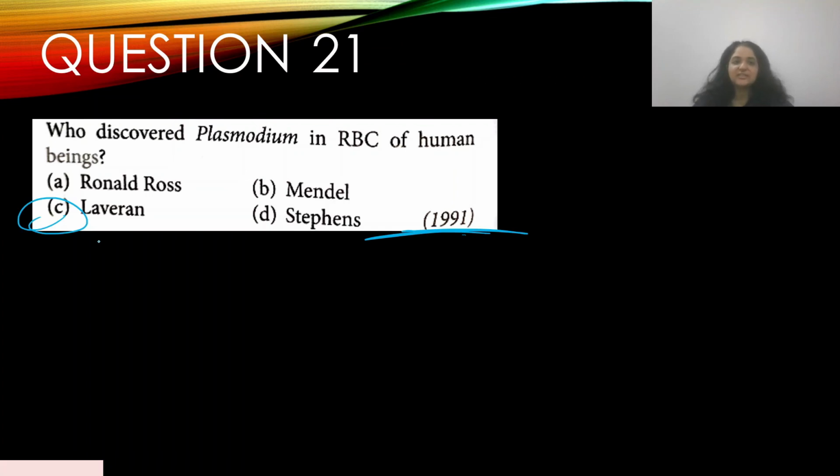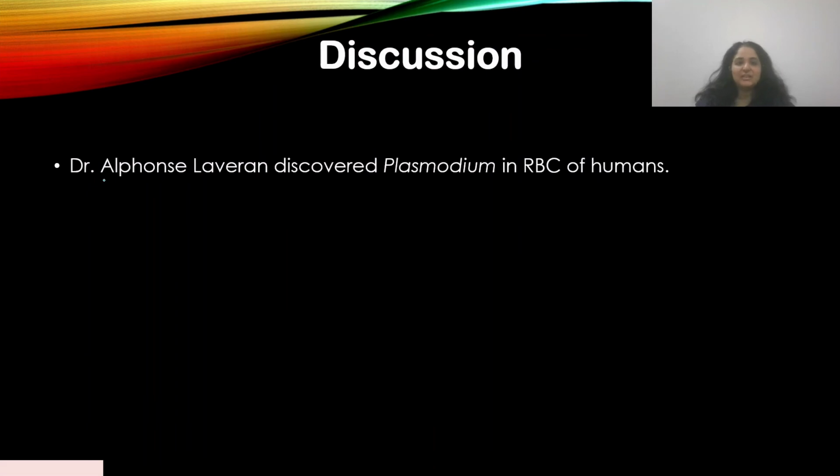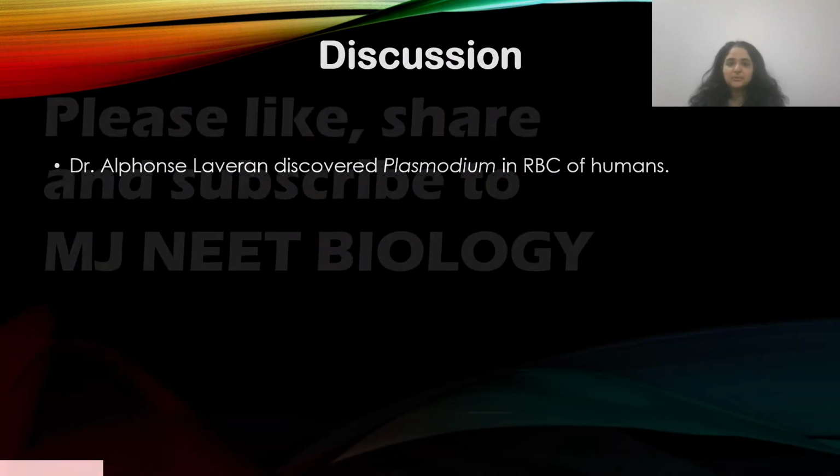The answer is C. Again, learn it as a fact, so if they ever ask you in the exam, you know the answer. Dr. Alphonse Laveran discovered Plasmodium in RBC of humans. This is factual based, pretty simple, a direct question. Let's move on.